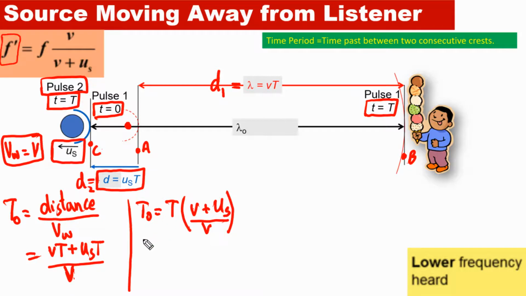Now we need to understand the relationship between frequency and time period. Frequency is simply equal to 1 over time period.